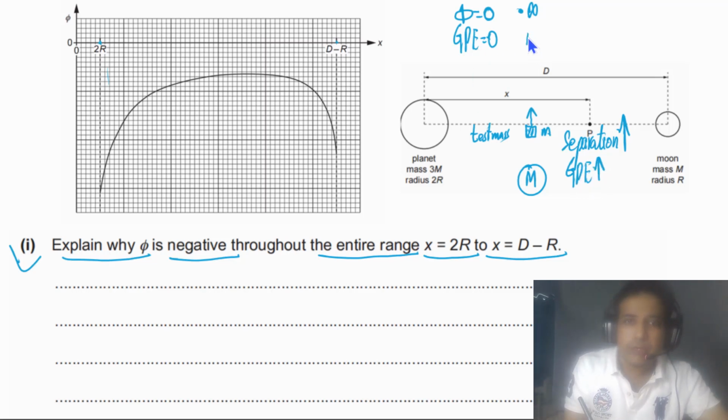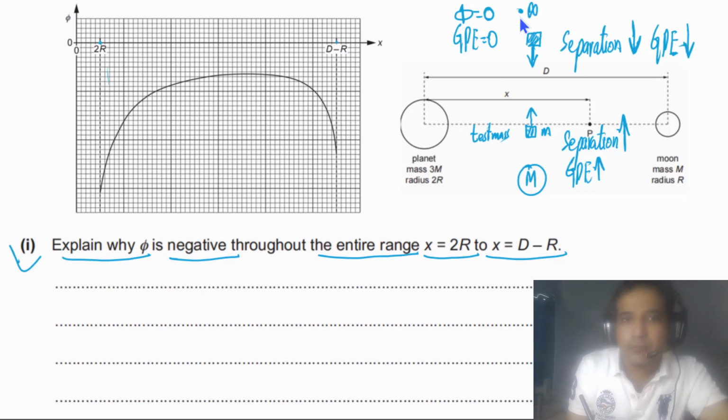Now assume the same test mass at this point, moving down. Is the separation between these two objects increasing or decreasing? I hope you will say separation is decreasing. So if separation is decreasing between these two massive objects, it means GPE is decreasing.